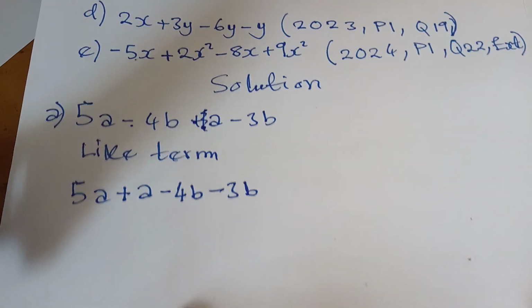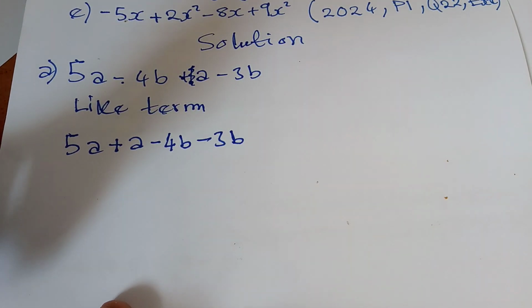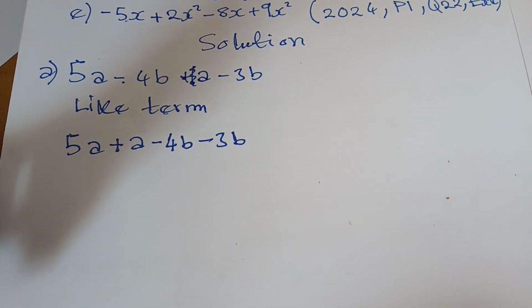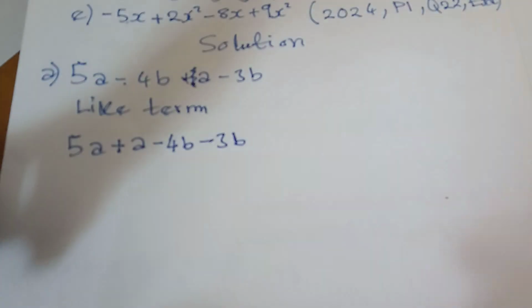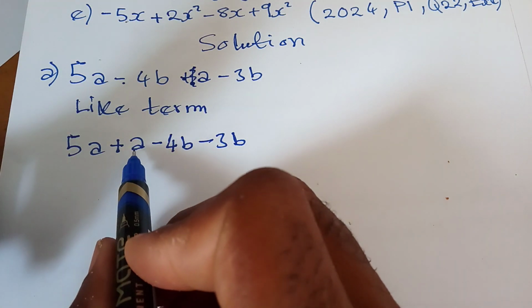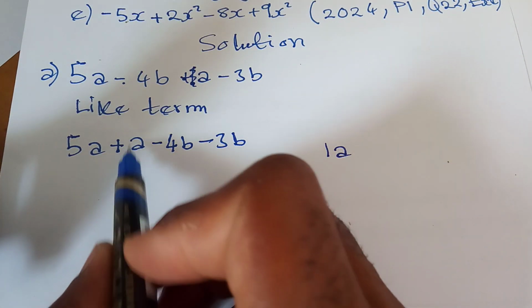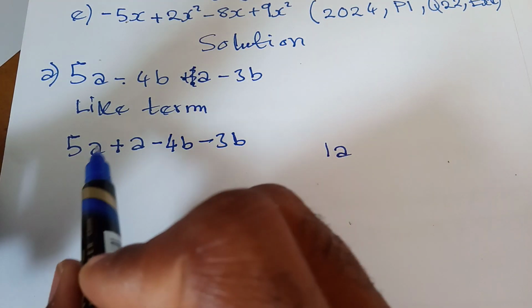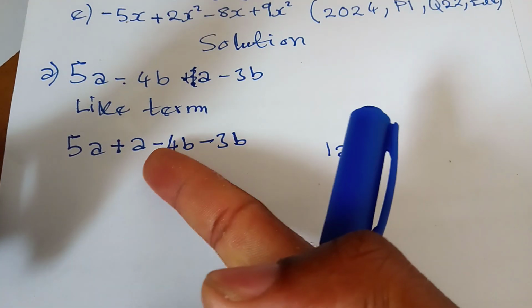So now the next thing you want to do is to add or subtract depending on the signs you have. So this one is positive 5a plus a. Remember that a means 1a. We have an invisible one there. So when you add these two, it's like saying you have 5 apples and an apple.